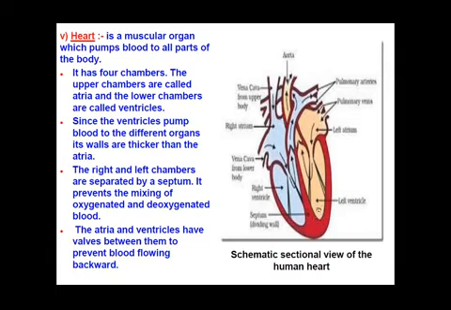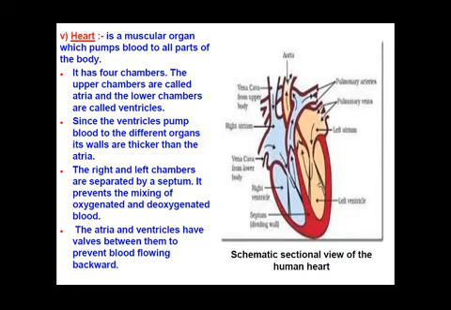Now these atria and ventricles also have valves in between. They are the bicuspid valves and the tricuspid valves, and you will be studying about them in detail in your higher classes. But for now, the right atrium and the right ventricle, and likewise the left ones, have valves in between, and the function of these valves is to prevent the backflow of the blood.